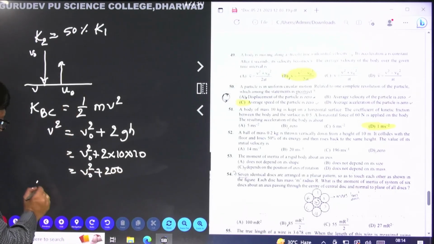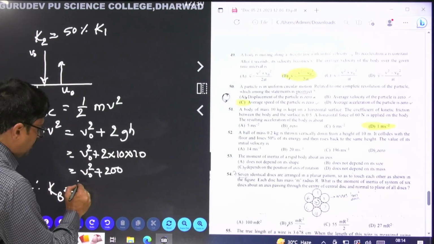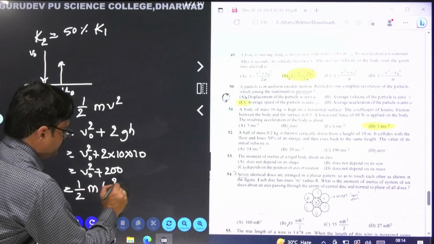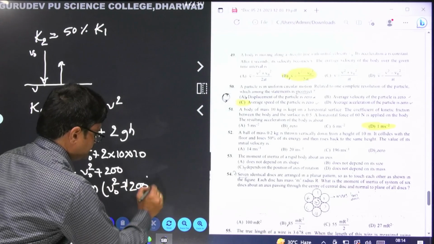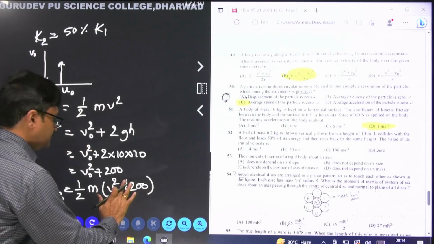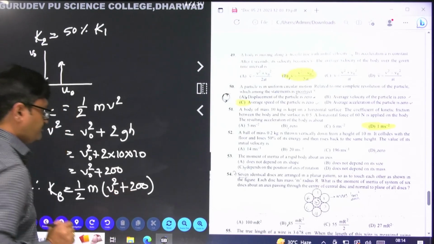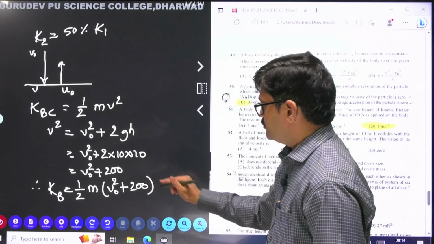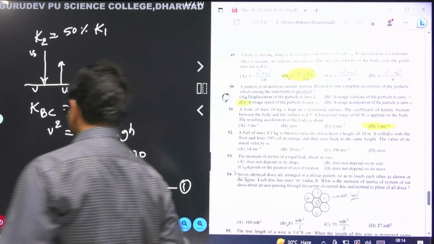Therefore, kinetic energy before collision will be equal to half m into v naught square plus 200. So we have made use of this value. Let me call this my first equation, kinetic energy before collision.